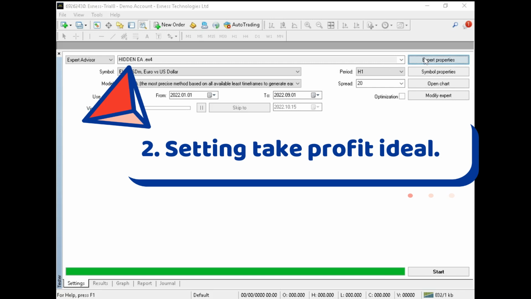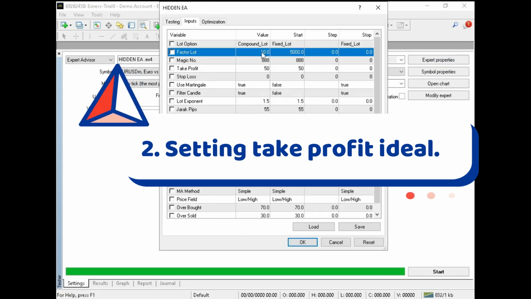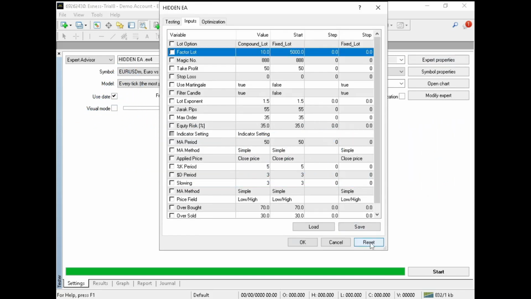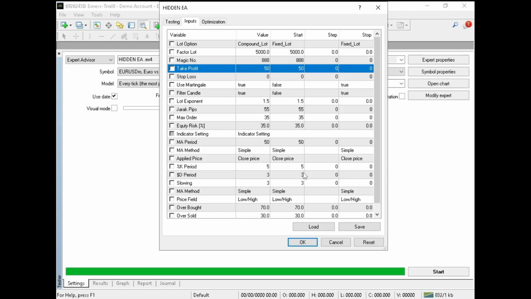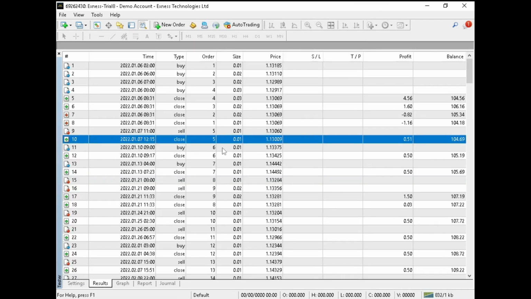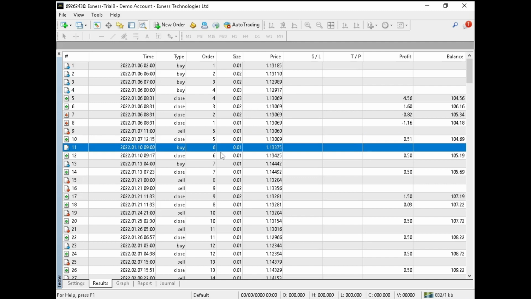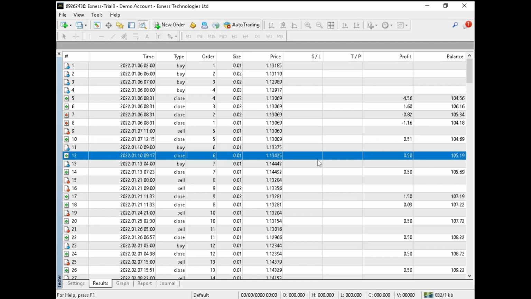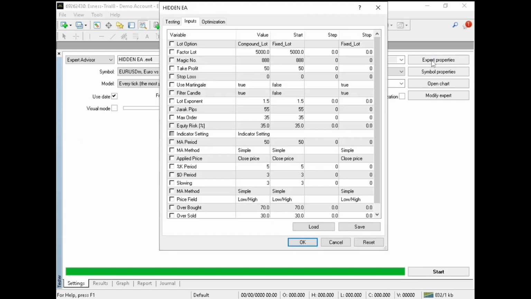2. Setting the ideal take profit. For the standard setting the take profit is 50 points. If converted to dollars, then 50 cents. Notice here. I will change it to 100.